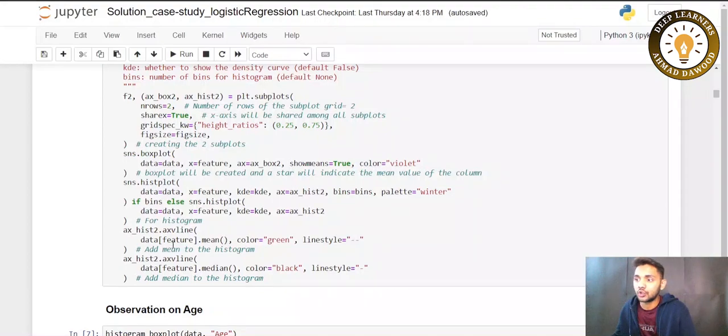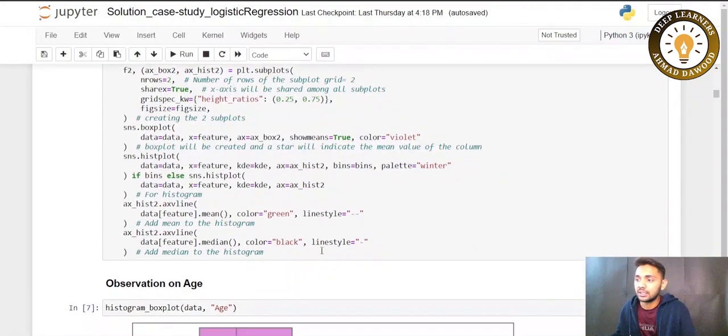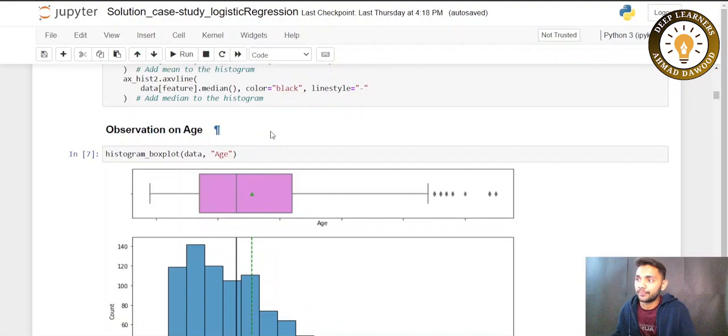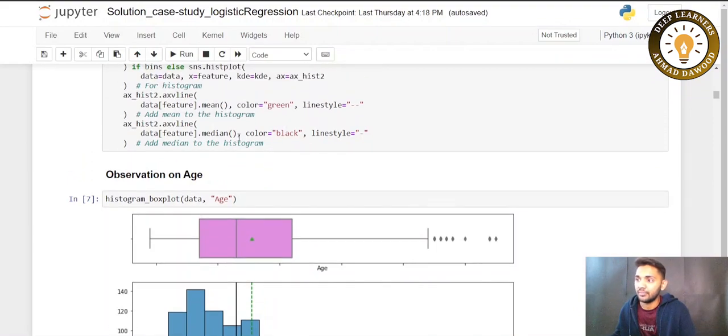In the histogram there will be two lines. Here you can see the green line represents the mean of the age column, and the black line represents the median.